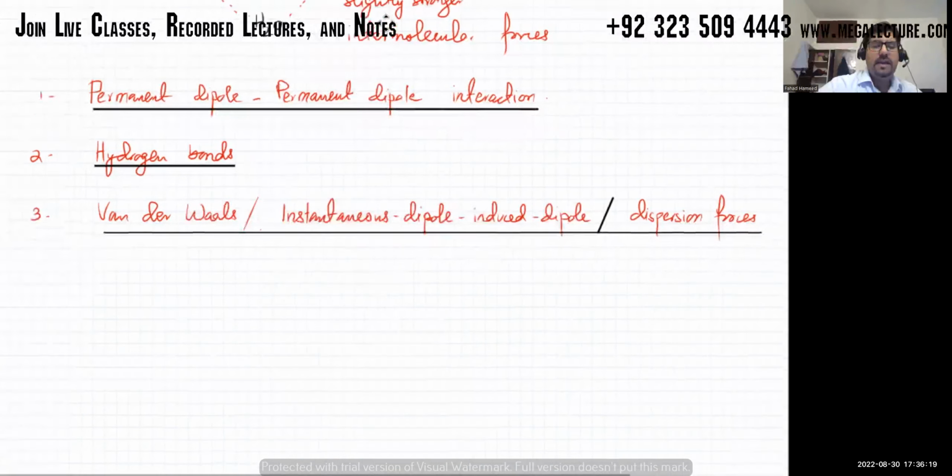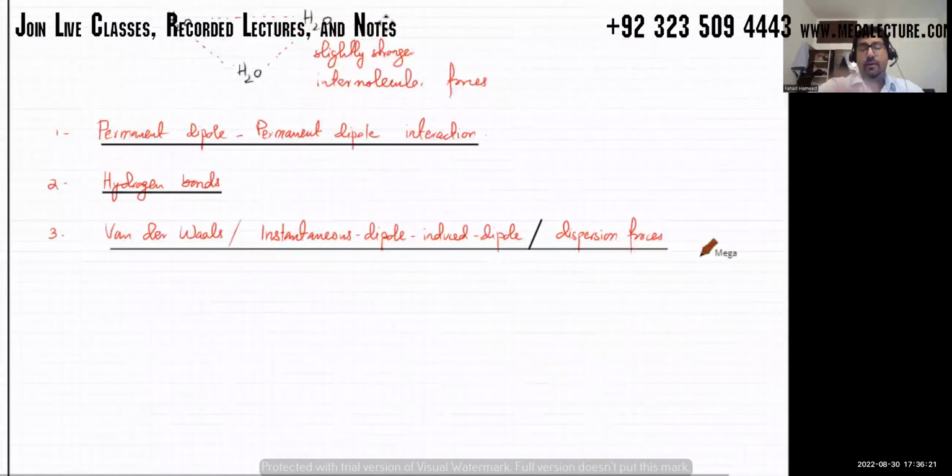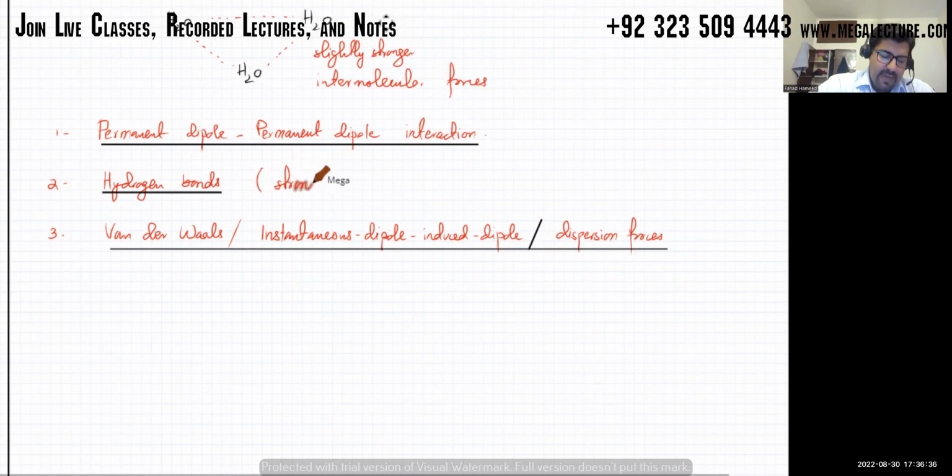Now, relatively speaking, remember all three of them can be very strong and they can be sometimes weak as well. But among these, the hydrogen bonds, relatively speaking, they are usually the strongest. Anything that has hydrogen bonds will probably have very high melting and boiling points.